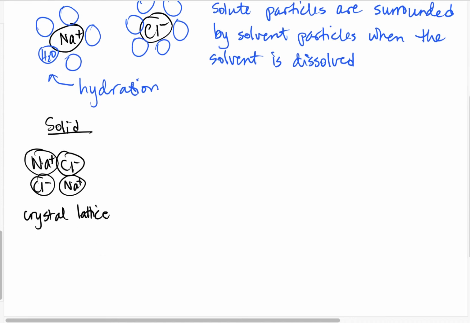The interaction between these, of course, is governed by Coulomb's law, which we've looked at before. And the strength of interaction for those ions for each other is going to depend on how large the charges are. So that's the +1 on the sodium and the -1 on the chloride.